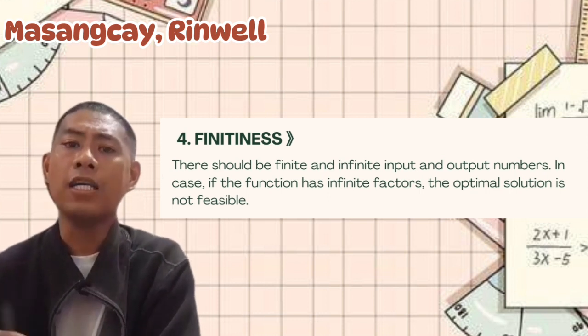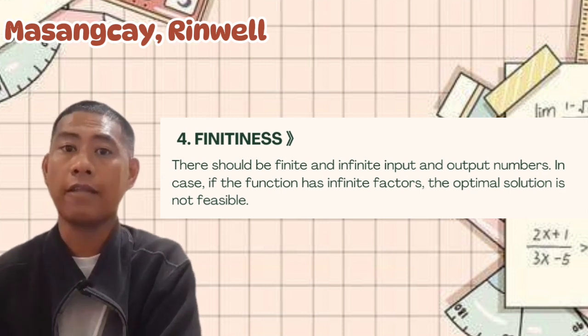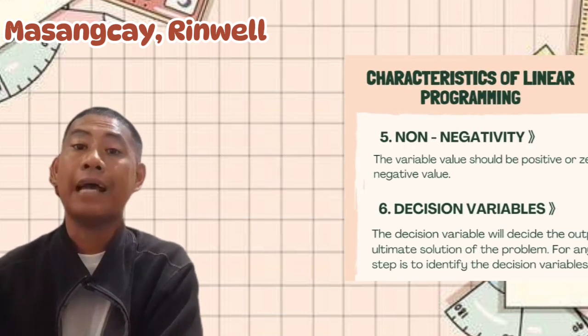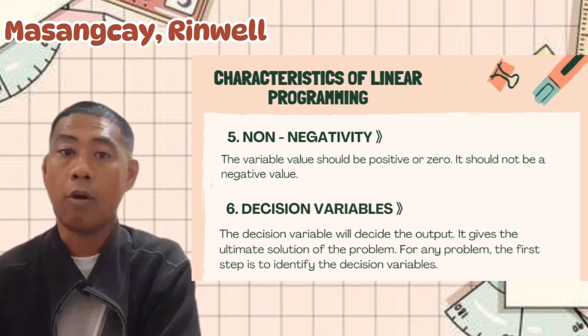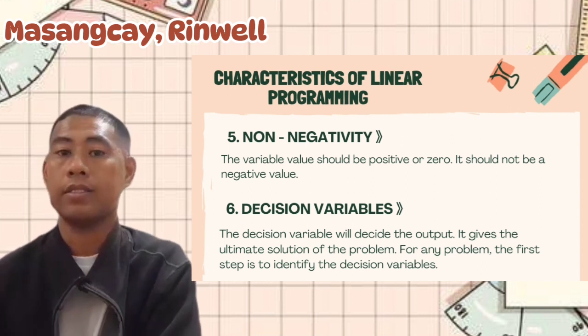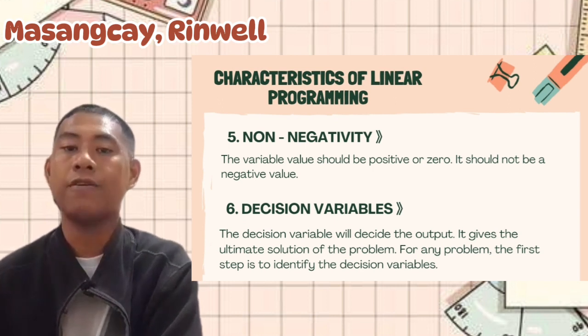In case the function has infinite factors, the optimal solution is not feasible. Non-negativity. The variable value should be positive or zero. It should not be a negative value. Non-negativity, especially being either positive or zero.